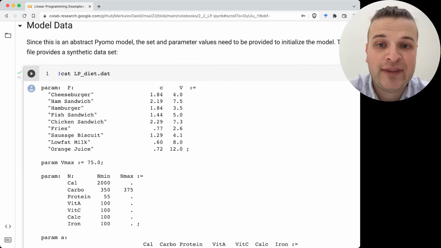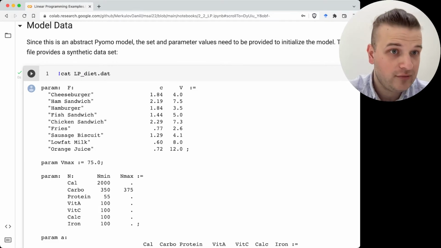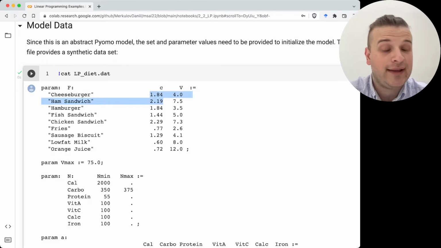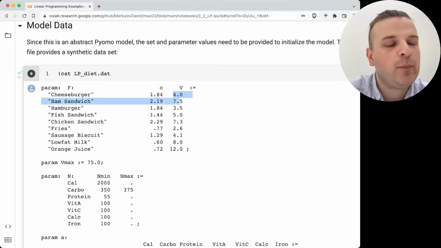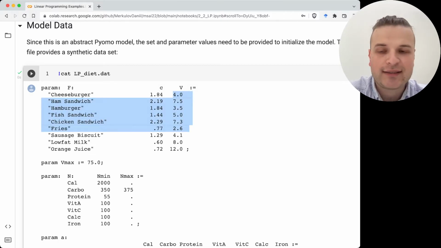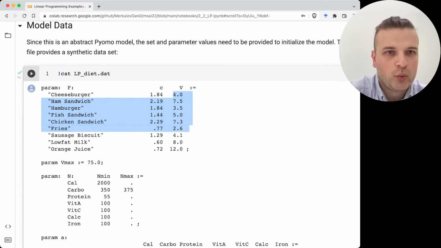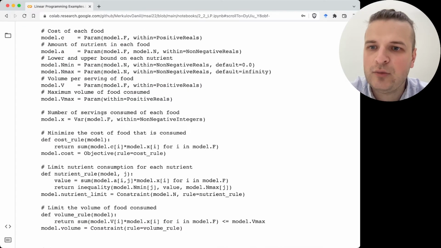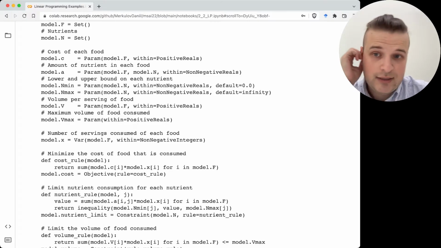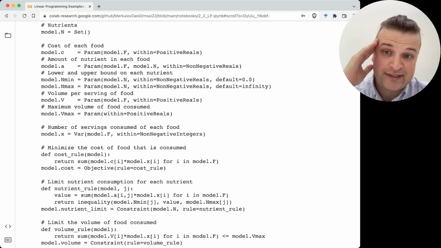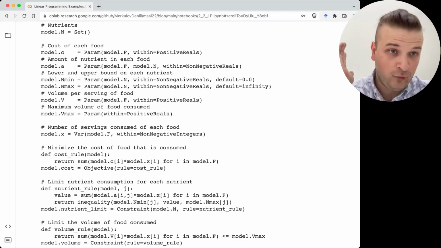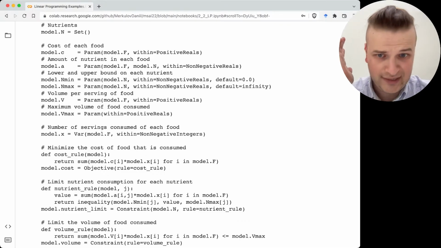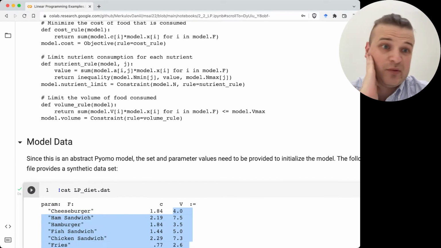And also we have this cost vector as well as the volume vector. For example, we are to construct a diet with a limited volume. Here we have a restriction on the maximum volume of food consumed. It's pretty reasonable.